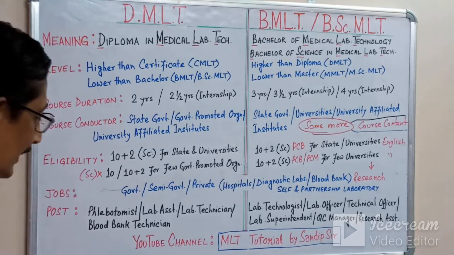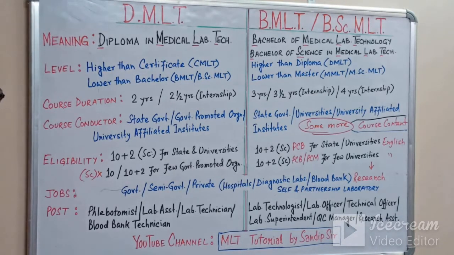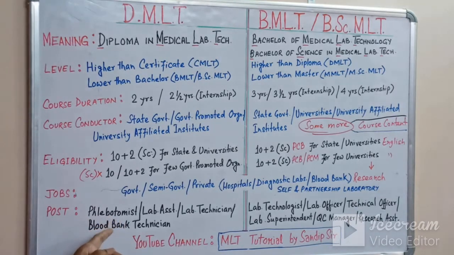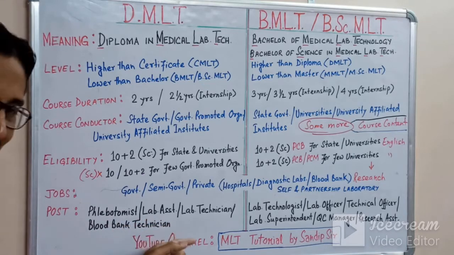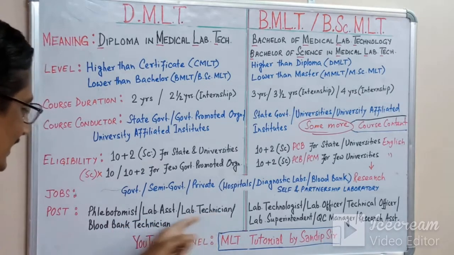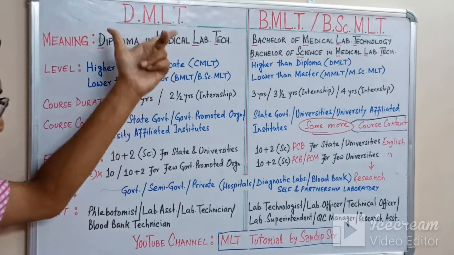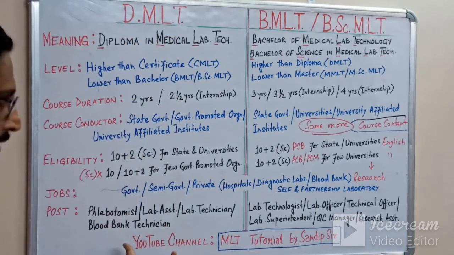For corona therapy this is now a remarkable thing. Phlebotomists who draw blood, lab assistants, laboratory technicians and blood bank technicians, all these diploma students are eligible for these posts.